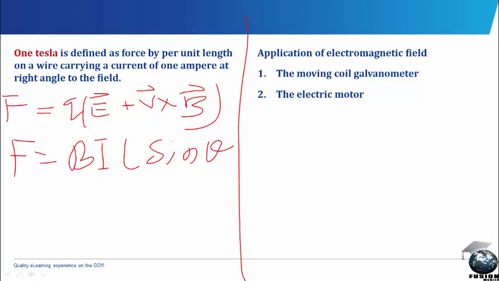Remember, we are talking about the advantages of moving coil galvanometer. Three, it can be converted to read different ranges of current and potential differences by fitting appropriate resistances. These are the advantages.